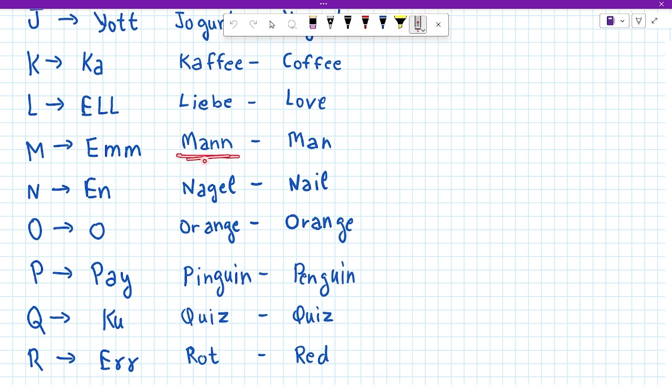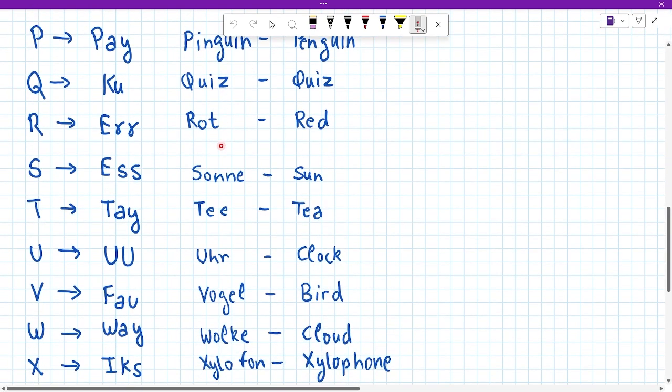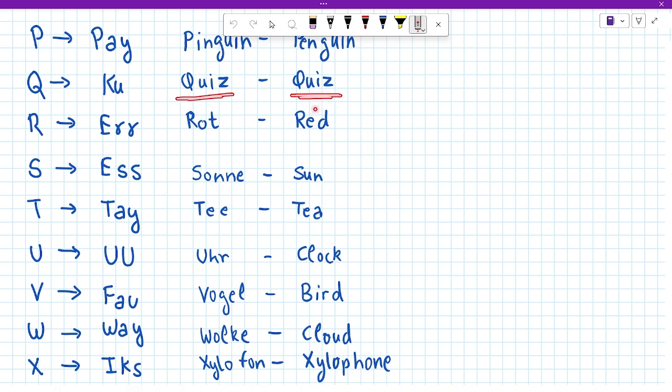Mann, man. Nagel stands for nail. Orange, orange in English. This is Pinguin. In English we say penguin, but in German it's Pinguin. Then we have Quiz, similar to English quiz.